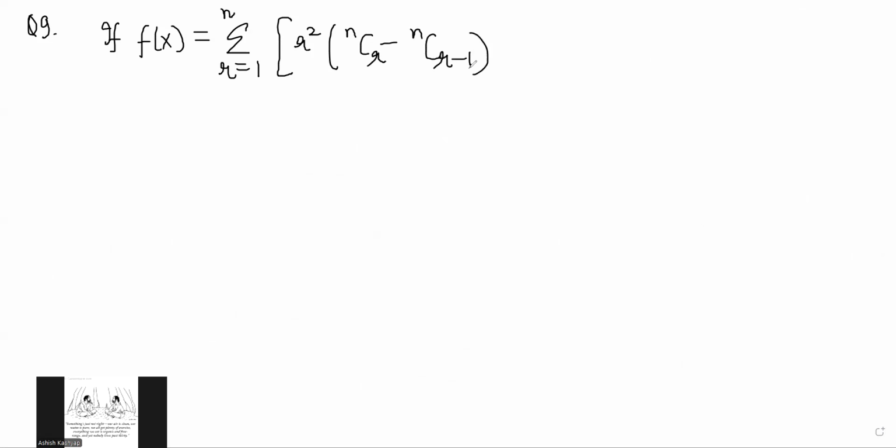The next question goes like this. If f(x) is equal to the summation, r goes from 1 to n, of r squared times (nCr - nC(r - 1)) plus (2r + 1) times nCr.